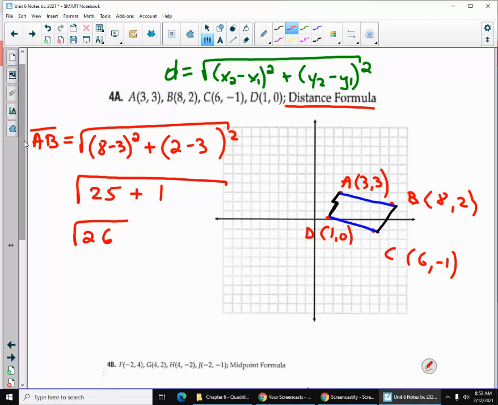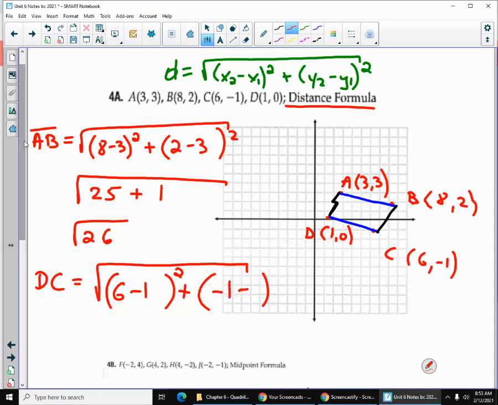So now, let's find the length of segment DC. Again, I hope when I do calculations, I will also get the square root of 26. Now, DC: (6 minus 1) squared plus (negative 1 minus 0) squared.